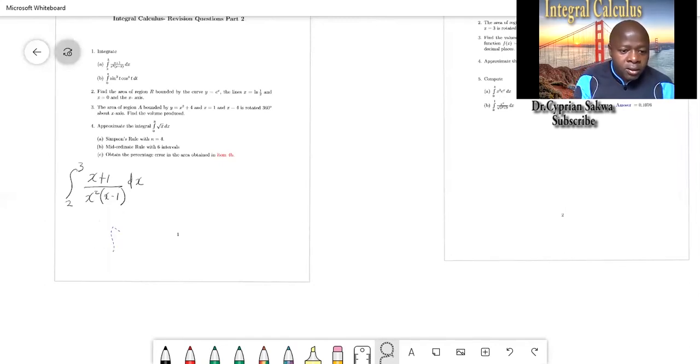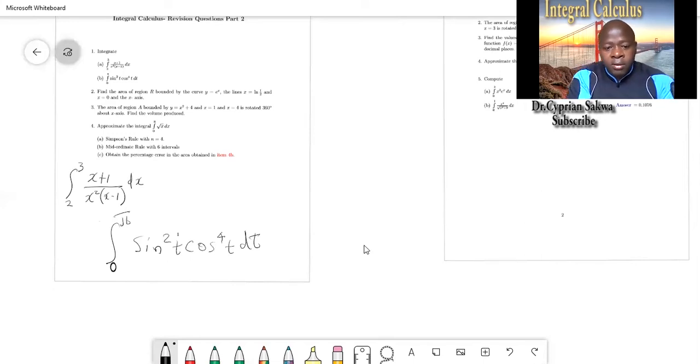The next question says that we find the integral of sine raised to 2t cos raised to 4t dt, and the limits are from 0 to pi.